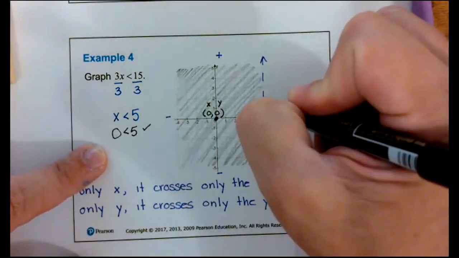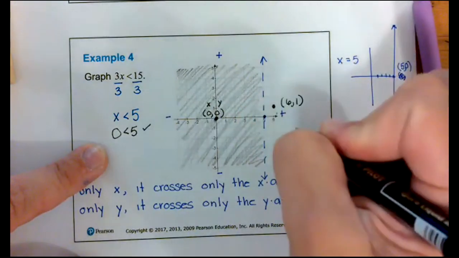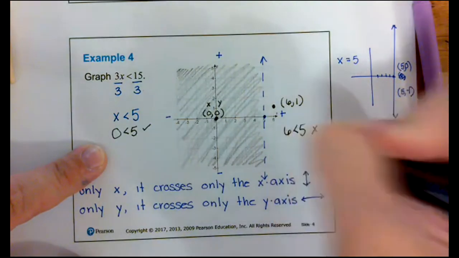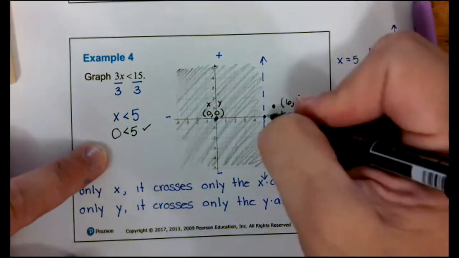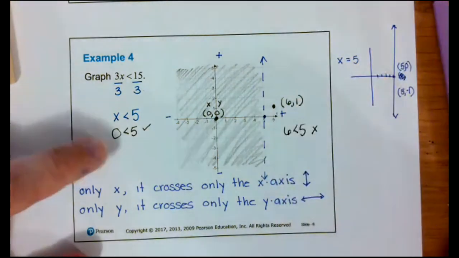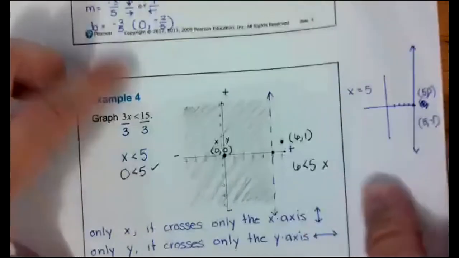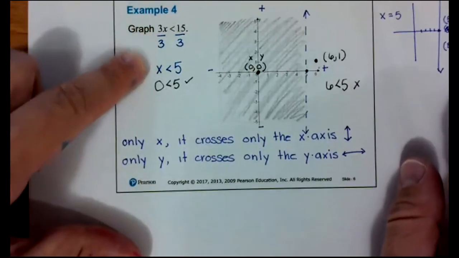And if I did it over here at 6, 1, then it would be 6 is less than 5, and that is not true, right? And right on the line, that would be 5 is less than 5, so that's not true. So you can do it for a regular y equals, or you can do it for just an x value.